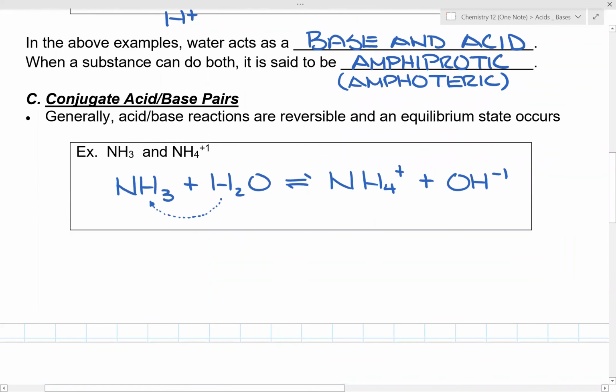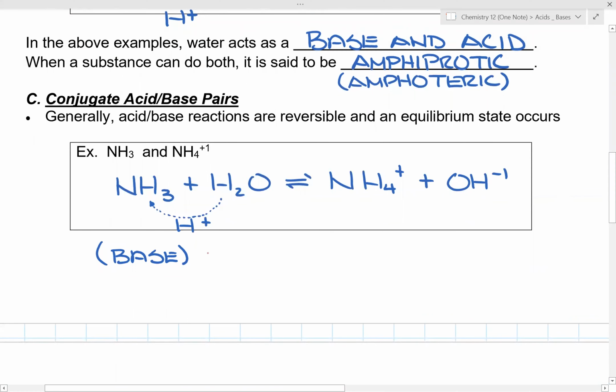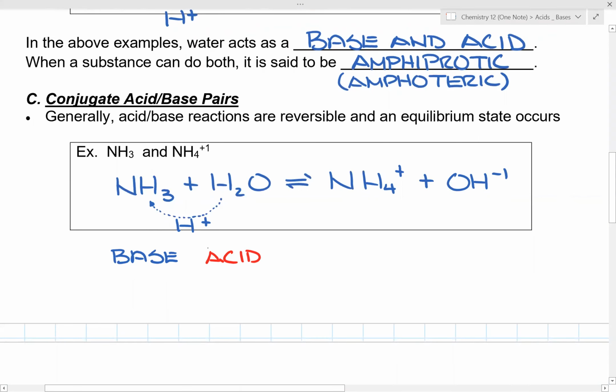Now, in this forward direction, NH3 is the base, while water is the acid. Why? Because NH3 is accepting the proton while water is donating the proton, and that is going in this direction.